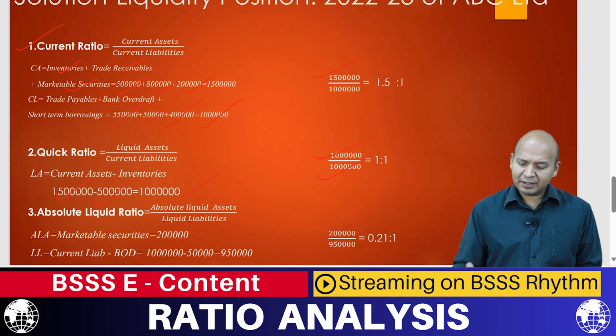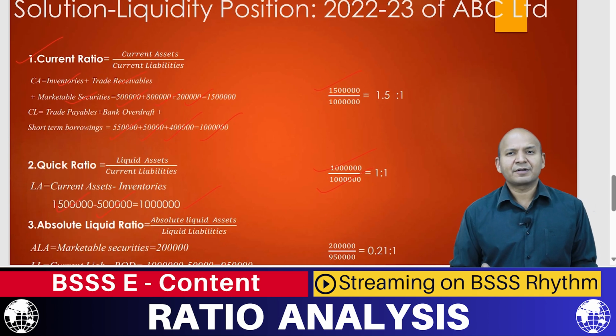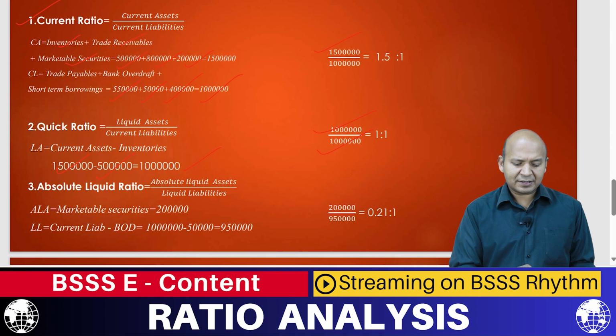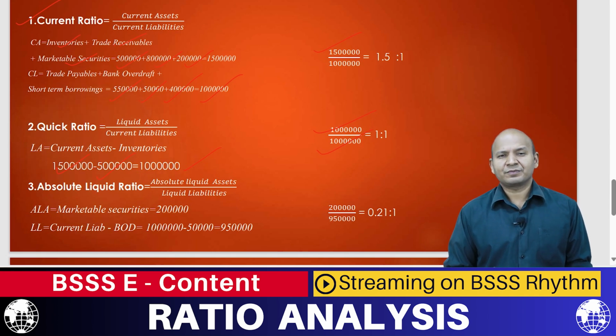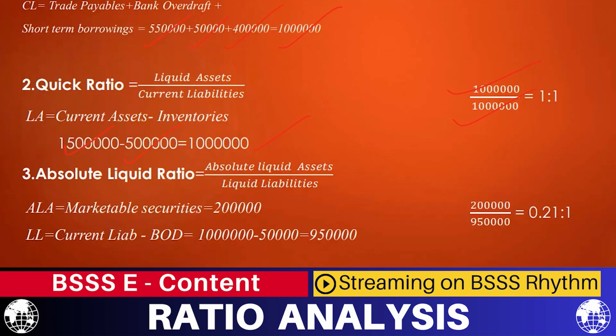Now comes the last component of this liquidity ratio, that is absolute liquid ratio. For calculating absolute liquid ratio, the formula is absolute liquid assets divided by liquid liabilities. In this question, for calculating absolute liquid assets, we have only marketable securities amounting to rupees 2 lakhs.